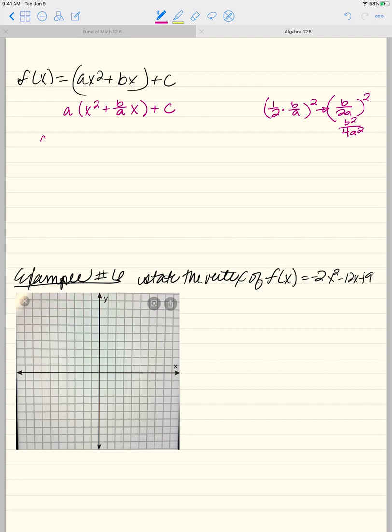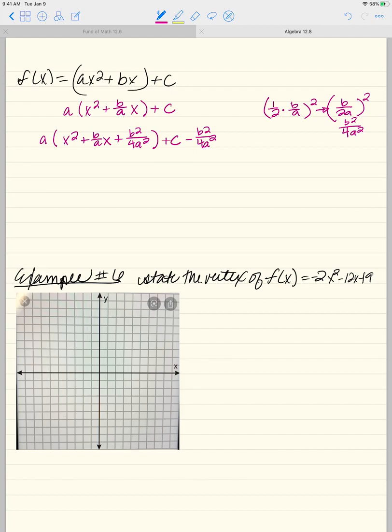So we have a(x² + (b/a)x + b²/4a²) + c, and then remember we subtract the value b²/4a² outside of the parentheses. That would, in essence, keep both sides of our equation balanced, okay?